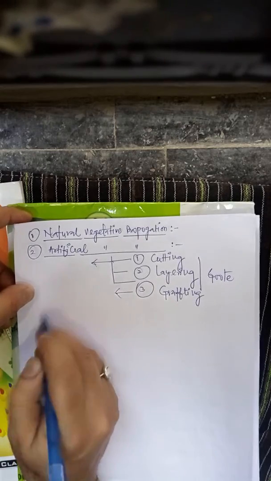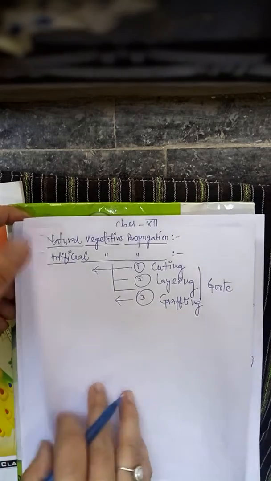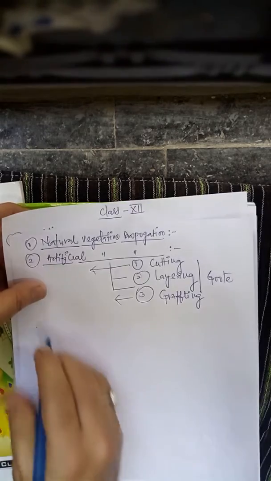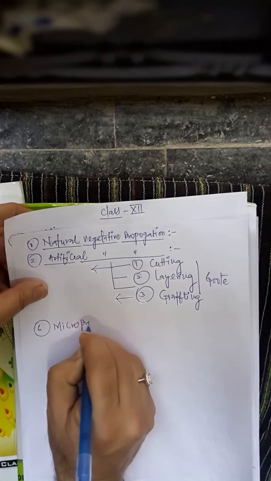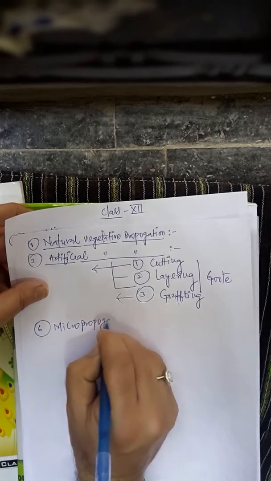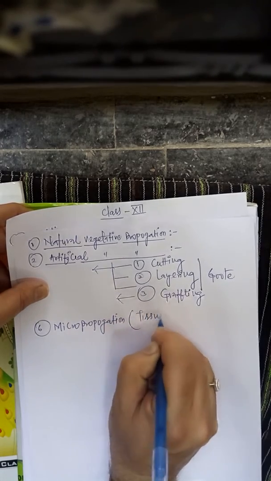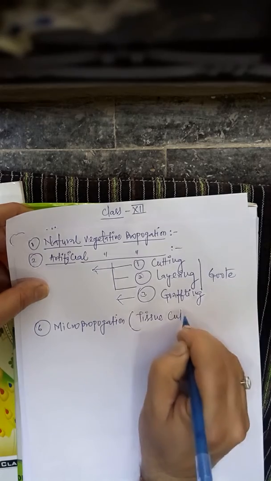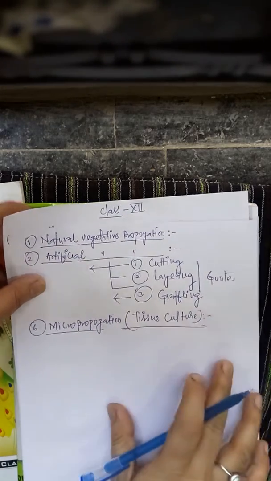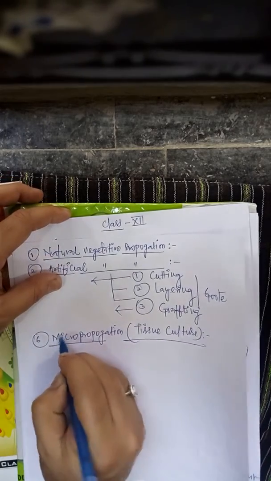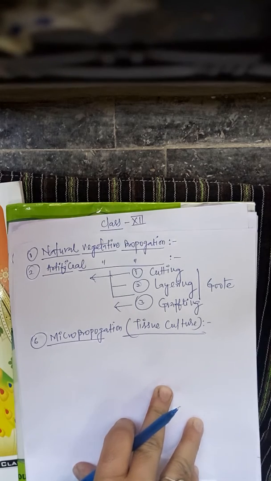The next method of asexual reproduction is micropropagation. It is also known as tissue culture. Micropropagation, or tissue culture, is also a technique for the formation of a new plant.